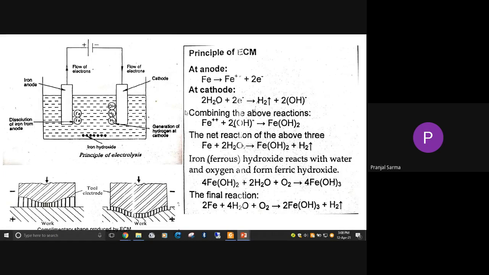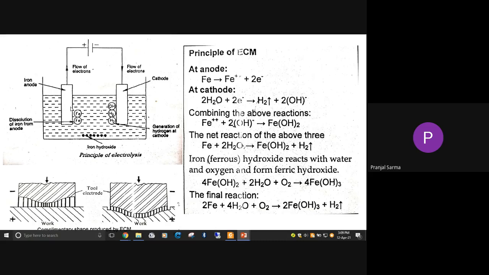Now I am showing, through this figure, the principle of electrolysis. All of you already know that whenever we talk about electrolysis, there will be a whole electrolytic cell. This cell comprises the whole electrical system, the wiring, etc., and both the electrodes, one the anode and the other the cathode.